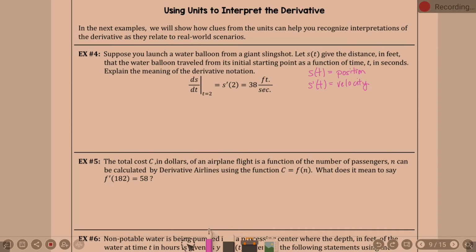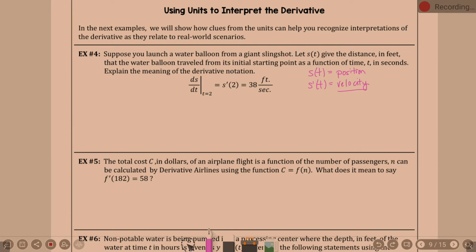It looks like it's climbing 38 feet a second. It's increasing, it's positive, and what is it that's positive, though? It's velocity. Yeah. So it's a positive velocity there.